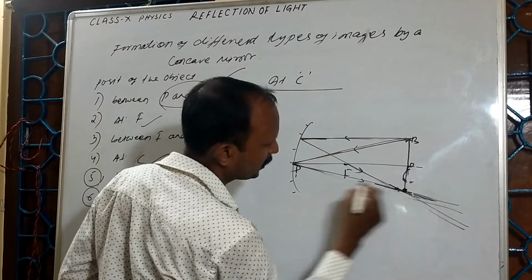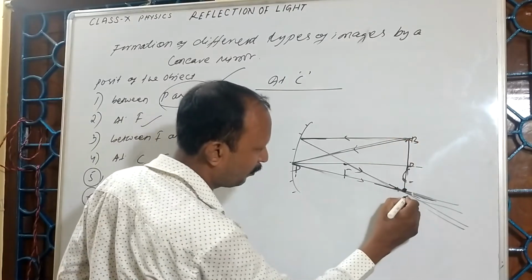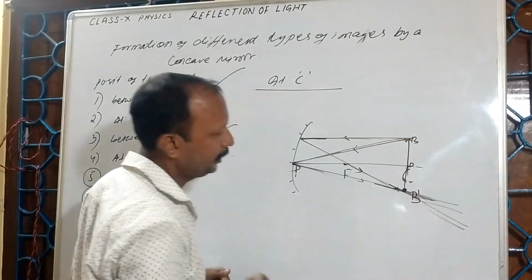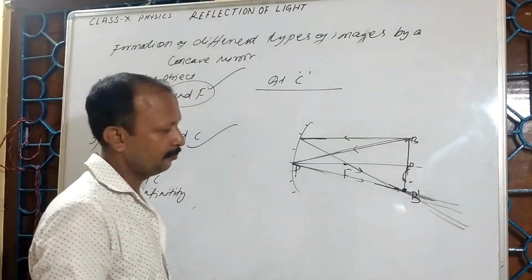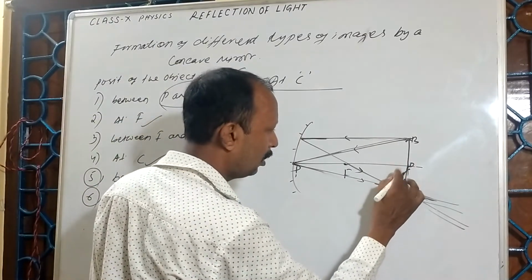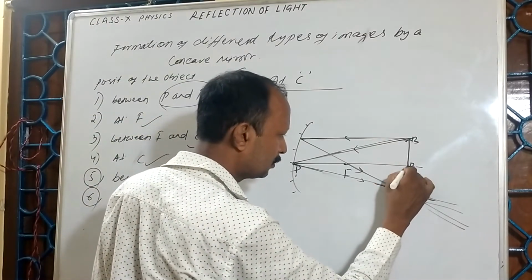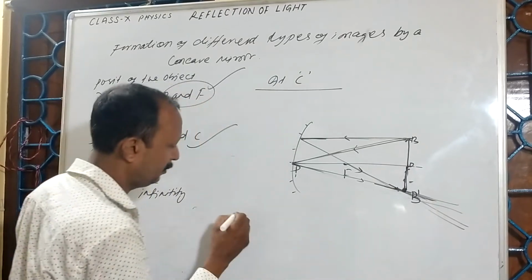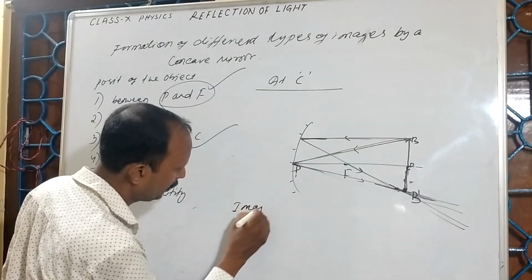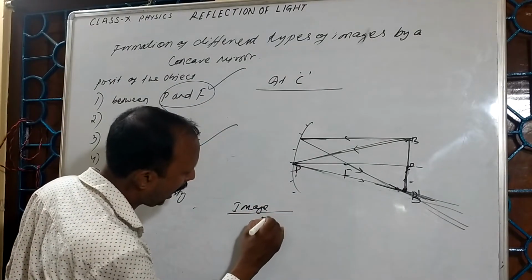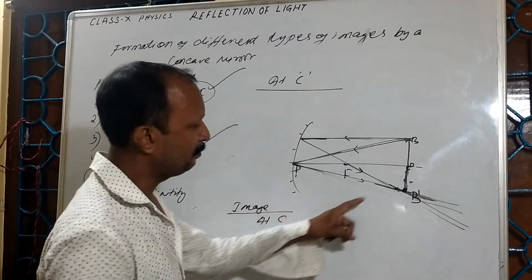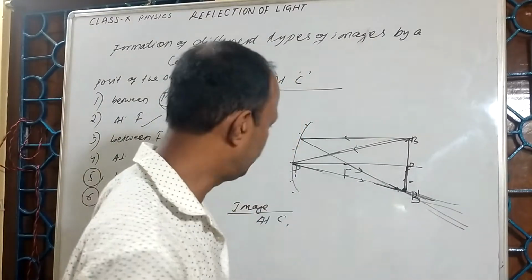Both are meeting at this point. That means this point is B dash. Okay? So this is the image. So where was the image made? Image at C. That means image at center of curvature.